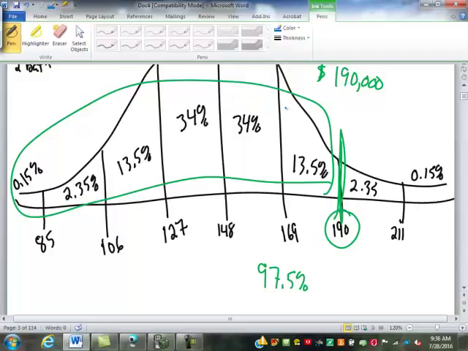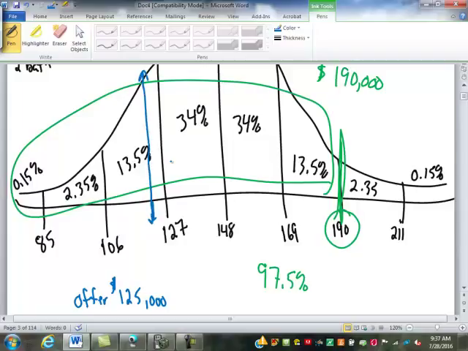On the flip side of that, if you were selling a house and you figured your house was middle of the road, would you accept an offer of $125,000? Well, that's somewhere right in here, right?